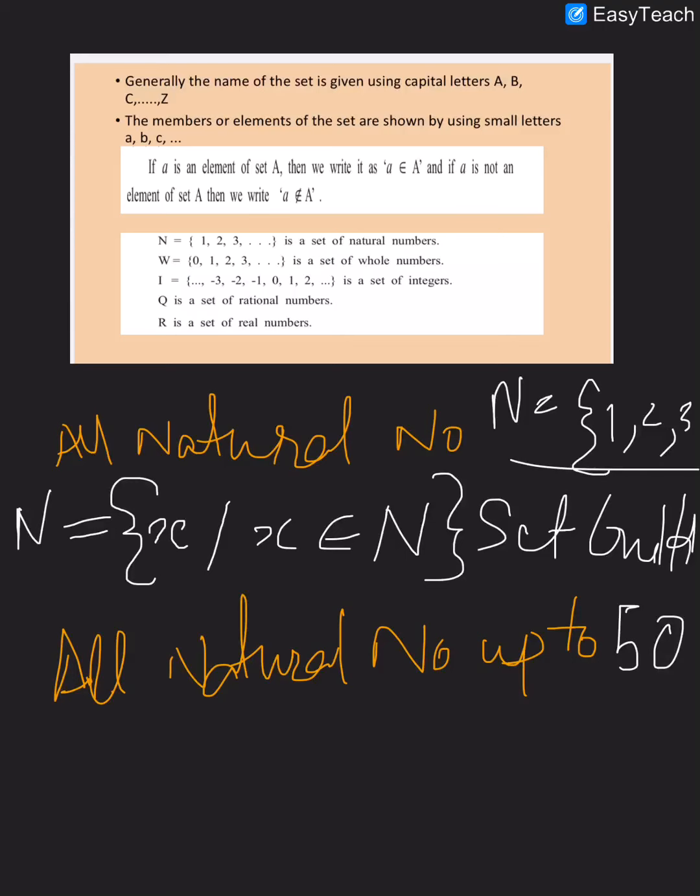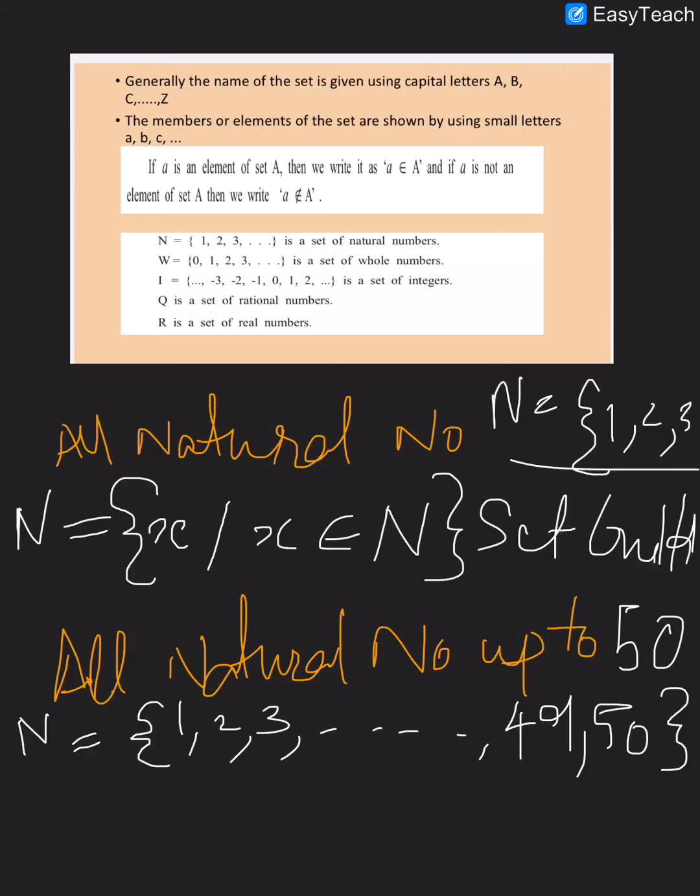N is equal to the elements 1, 2, 3, and since we cannot write all the numbers, we represent them using dots, and we need to write the last numbers up to 50. So 49 and 50 will be the last numbers. This is the roster form of writing natural numbers up to 50.